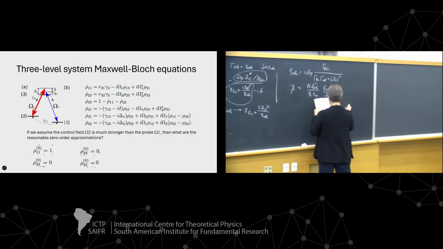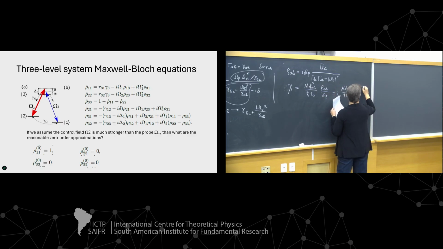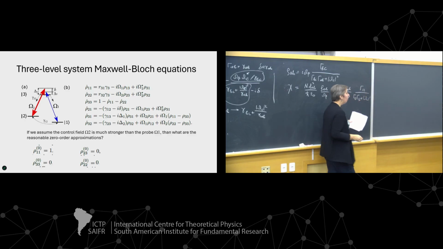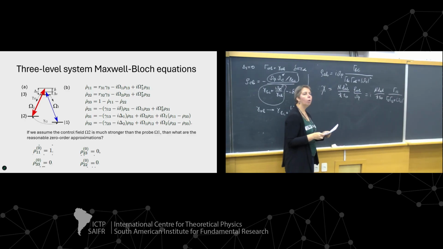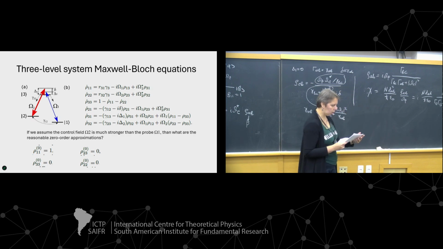And if we substitute everything in, we will have i n dAB over h epsilon naught, times gamma 1,2 over gamma 1,2 gamma 1,3 plus omega c squared. Okay? So this expression is true for any tunings. It's only assumed that the probe field is weak.